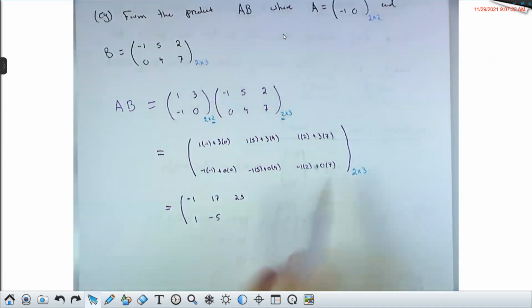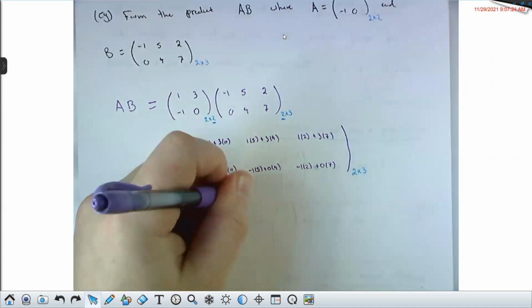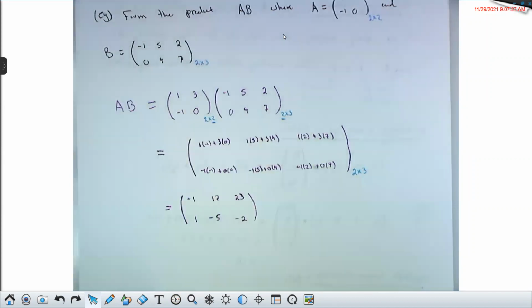And -1 times 2 plus 0 times 7 is -2. So this is the resulting matrix.